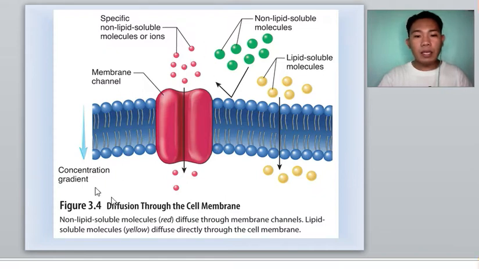Observe in this illustration that the red ones are non-lipid soluble molecules that usually pass through cell membrane channels. Lipid soluble molecules, these are the yellow ones, diffuse directly through the cell membrane. And it always depends on the concentration gradient of the cell.